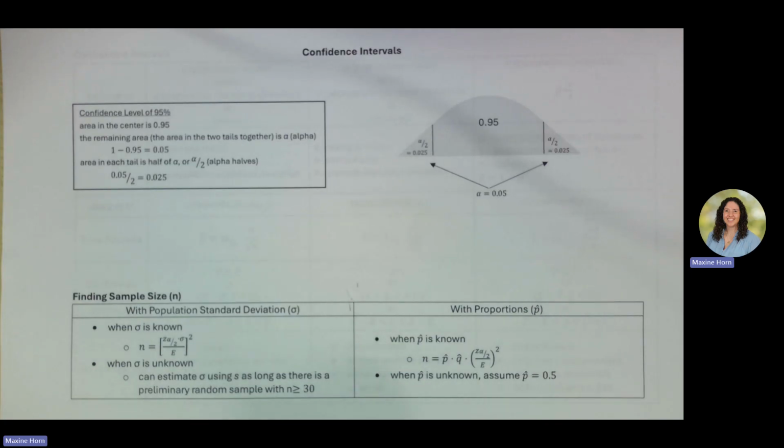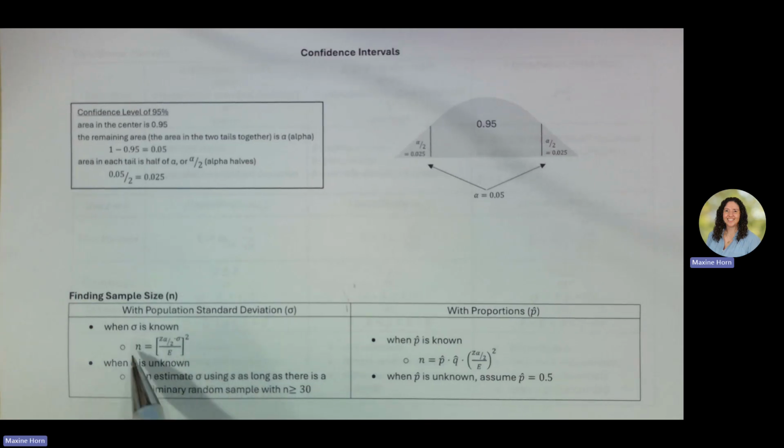As with a lot of things in stats, you have one way to do it if you know your population standard deviation, and another way if you don't. You're going to need to know this formula: your sample size is equal to your z alpha halves times your population standard deviation over your margin of error, all to the 2nd power.